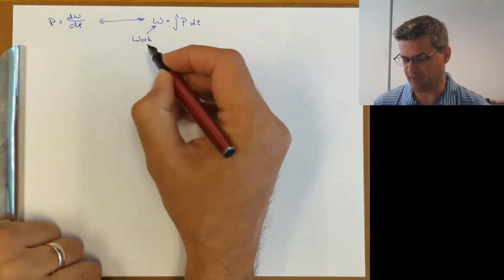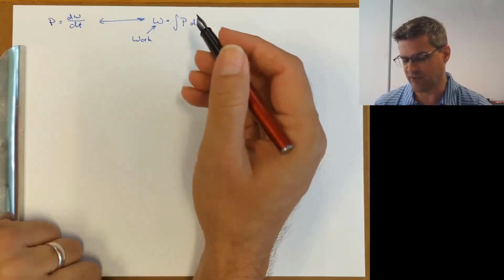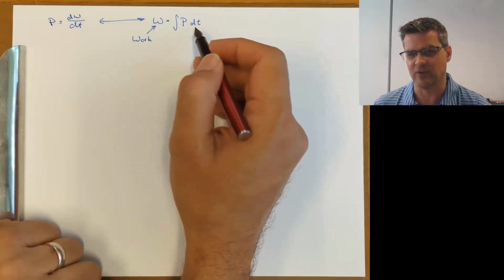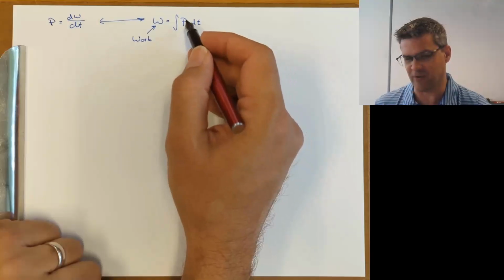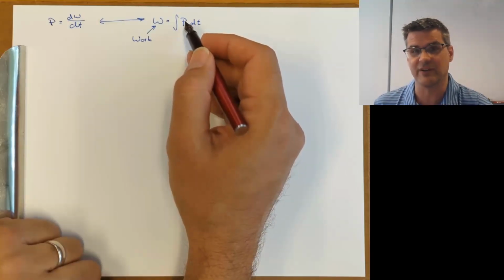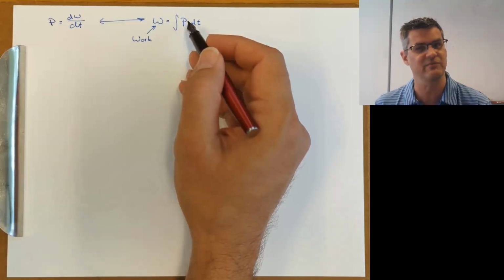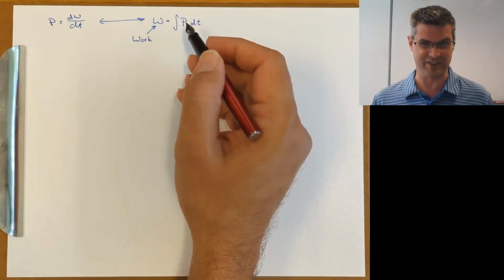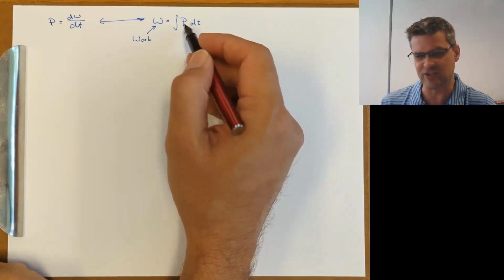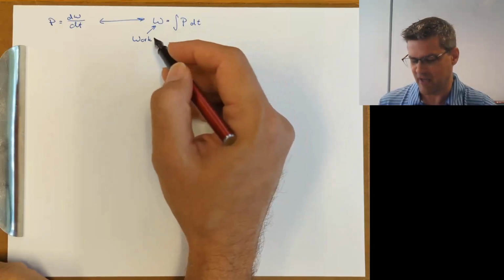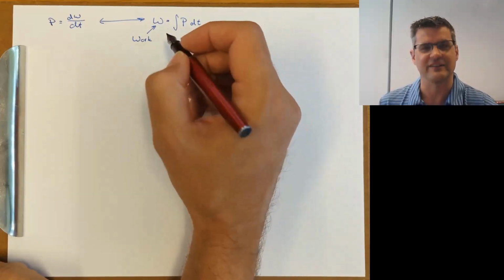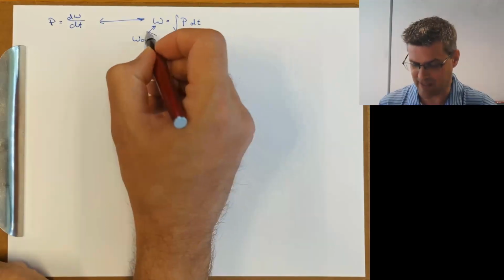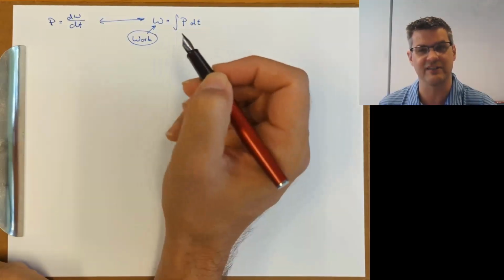We're putting work in right here. And the amount of work that we're doing is we're integrating the power over some time. And this power can have any sort of a function. The power can change as a function of time, initially being small, later being large, initially large, later being small. It can have any sort of functional form as a function of time. And by doing this integral, that's how we find out how much energy we put into the system. That's what work is, putting energy into the system.